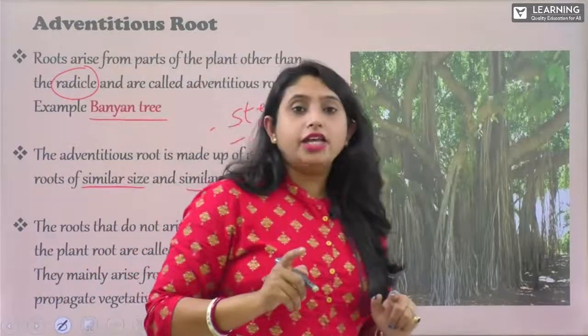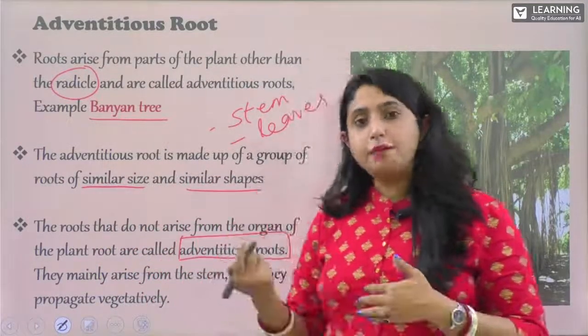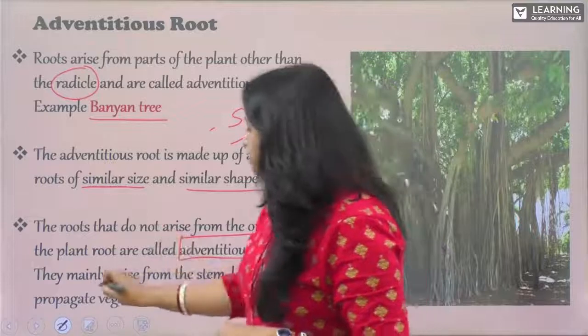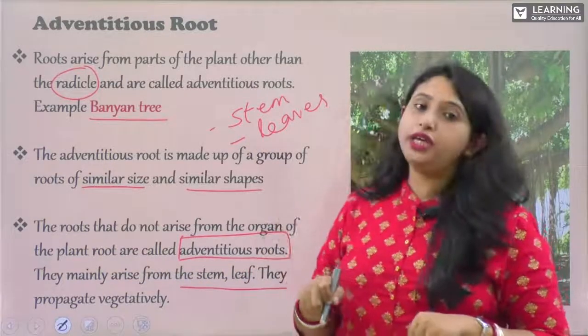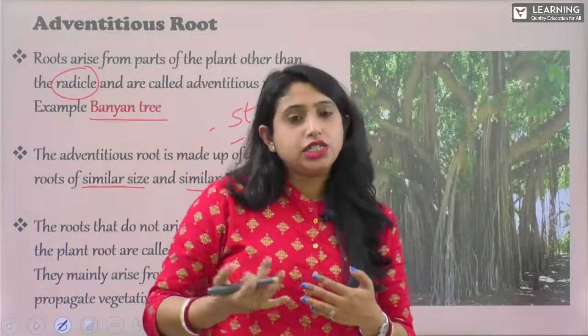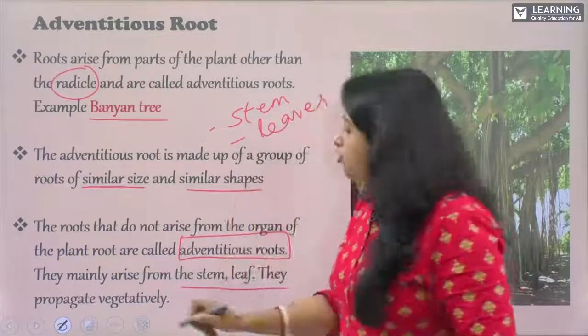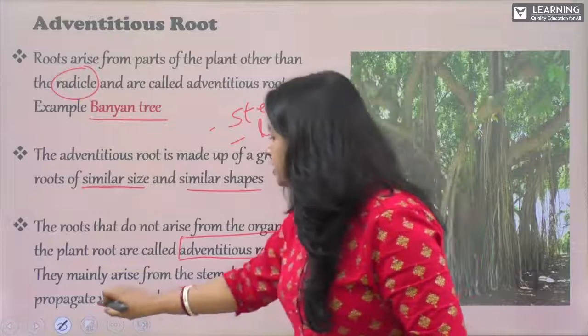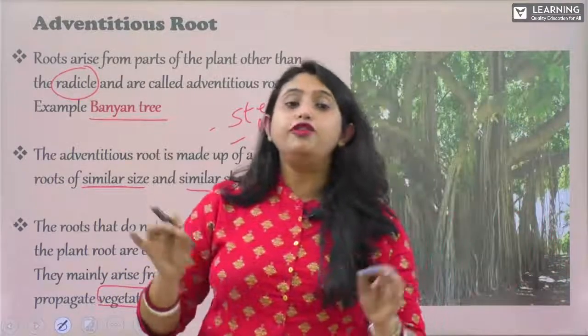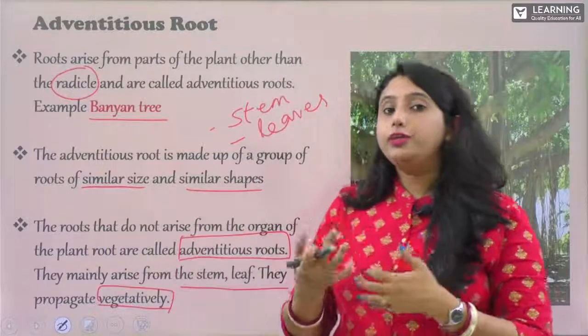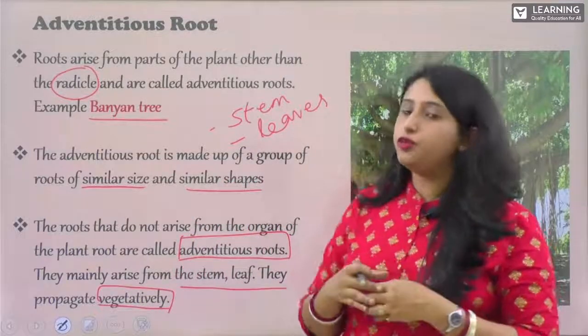They will arise from the stem or from the leaves. And how do they propagate, that is how does the reproduction take place? They propagate vegetatively. The reproduction in their case is vegetative propagation.